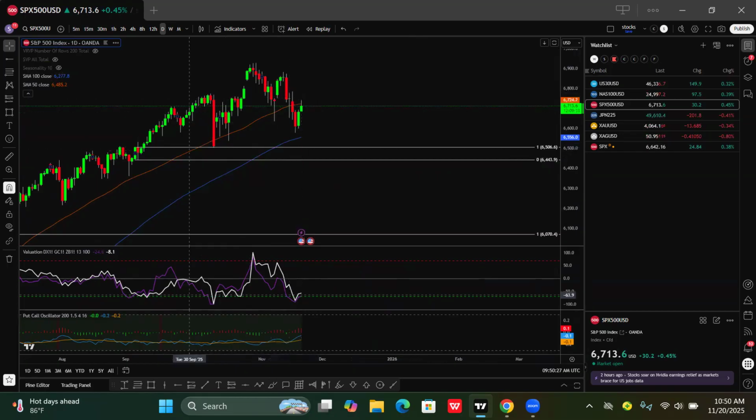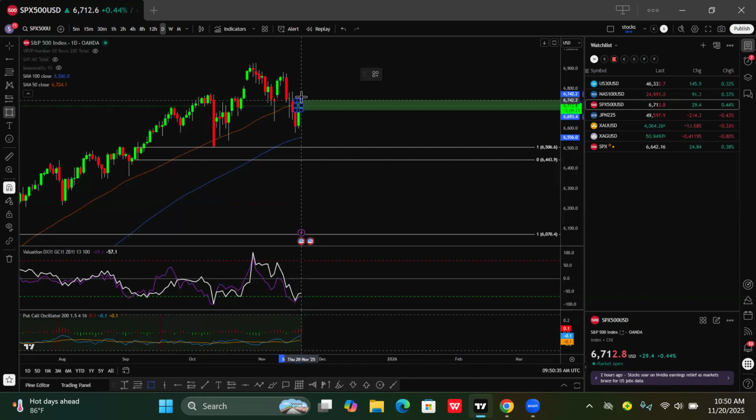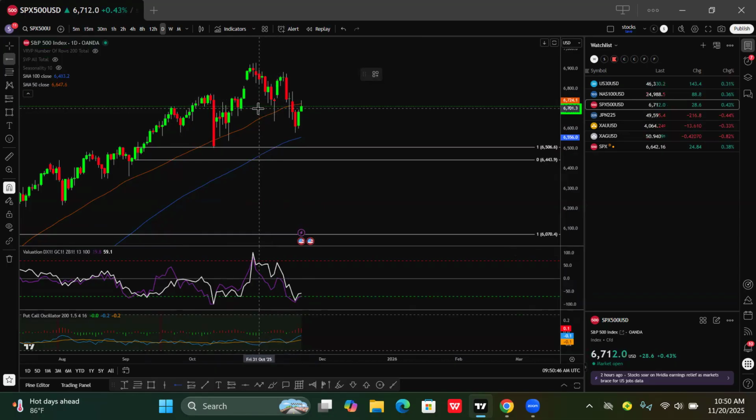So personally, I'm looking for a close above the 50-day moving average. If we get that today or tomorrow, I would actually reignite my buy positions on the Nasdaq.